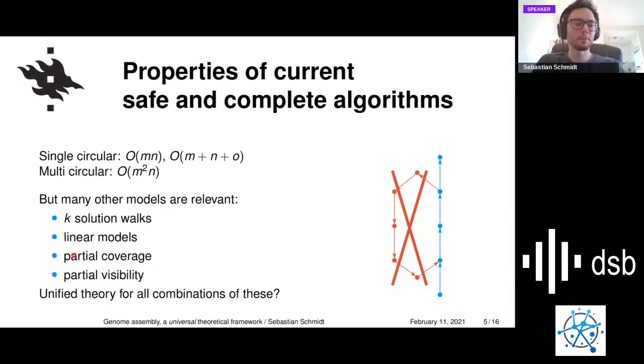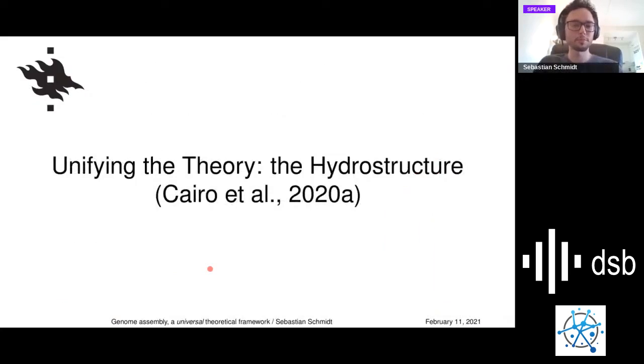And as I motivated in the beginning as well, we might also want to model that only a part of the graph needs to be covered, as well as we might want to make part of the graph invisible. And now we would not want to, again, go for each of these models, for each of the combinations, through the whole theory again. But instead, we would like to have one unified theory for all possible combinations of these models. And for this, we introduce the hydrostructure.